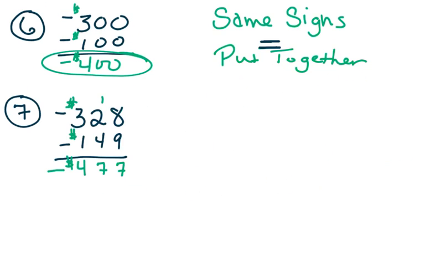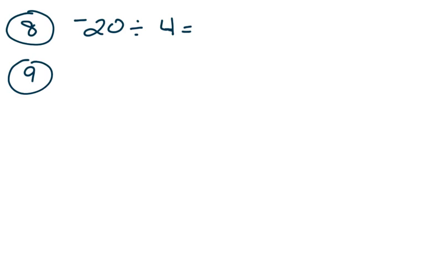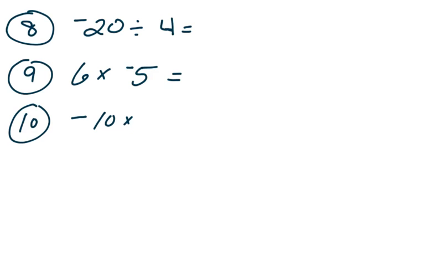Let's see, we're on number 8. Okay, so number 8, if I have -20 divided by 4, I'm just going to write a couple here in a row. Number 9, if I have 6 times -5. 10, if I have -10 times -4, and we'll do one more here, 11.